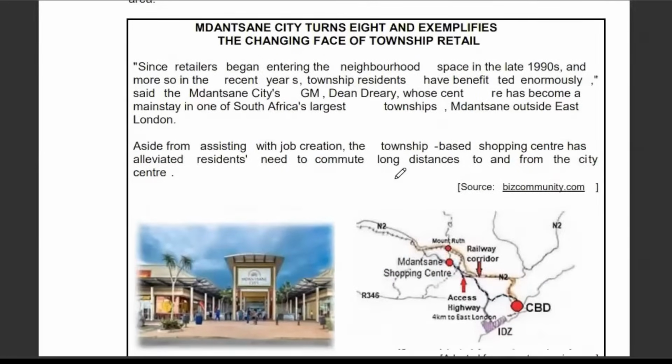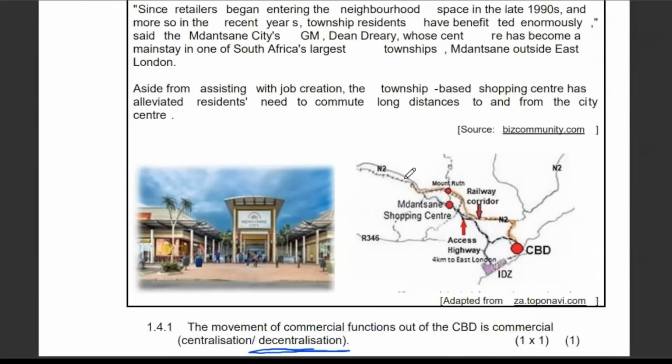It says, since retailers began entering the neighborhood space in the late 1990s and more so in recent years, township residents have benefited enormously, said Mdantsane City general manager, who has become a mainstay in one of South Africa's largest townships, in East London.